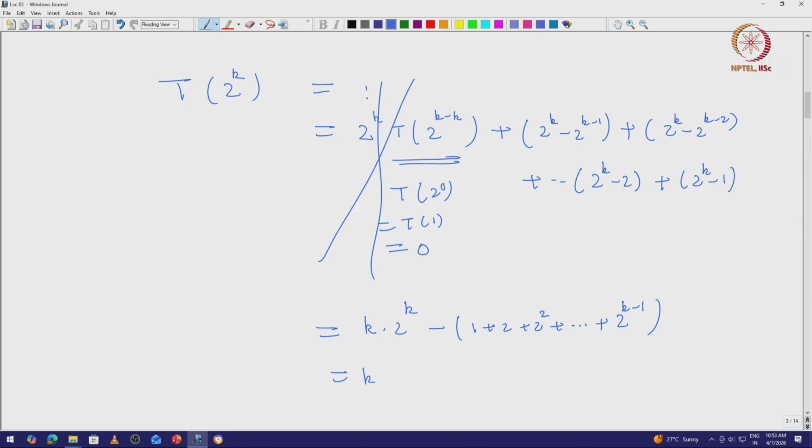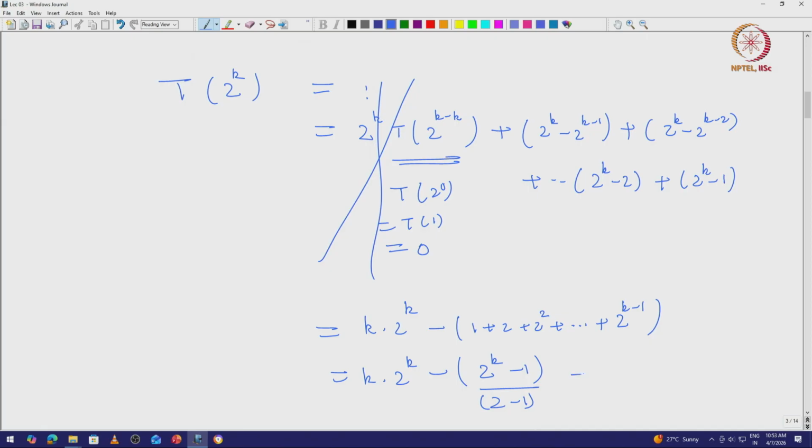This is equal to k times 2 power k minus, this is a geometric progression. First term is 1, common ratio is 2, therefore, it will be 2 power k minus 1 divided by 2 minus 1. 2 minus 1 is 1, therefore, the denominator can be completely ignored.